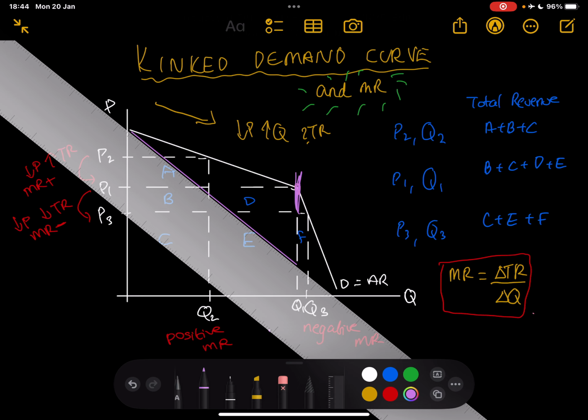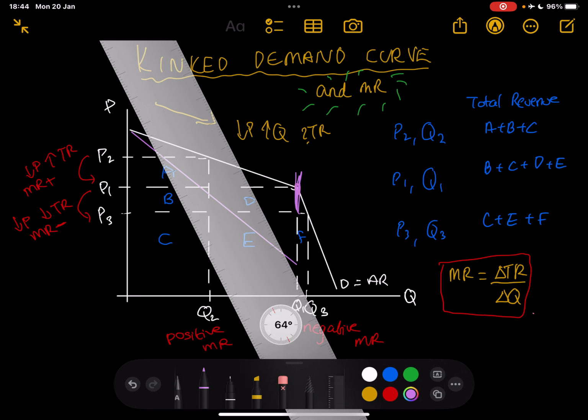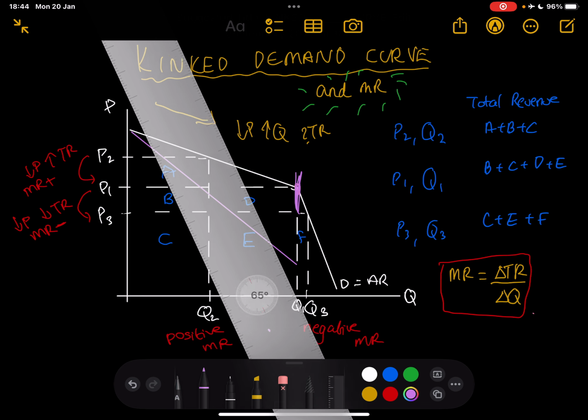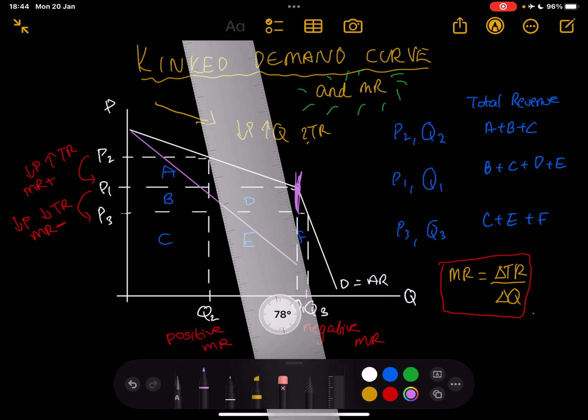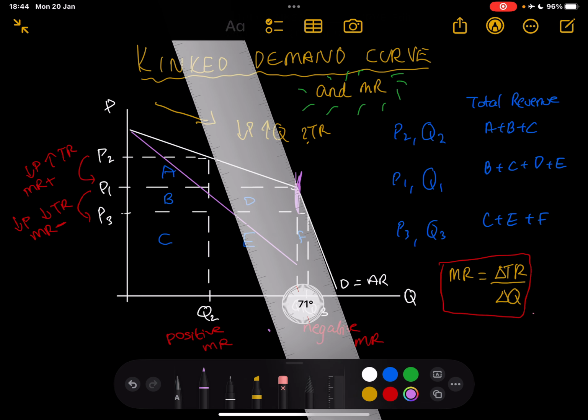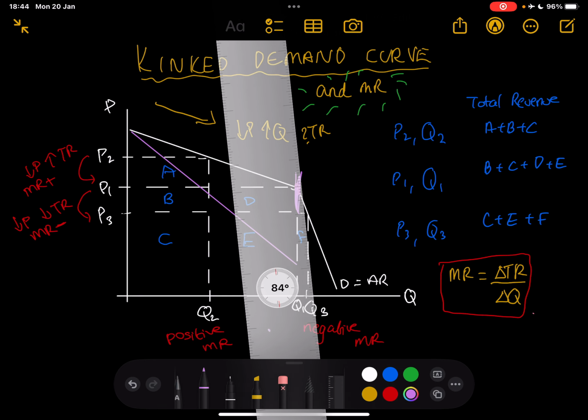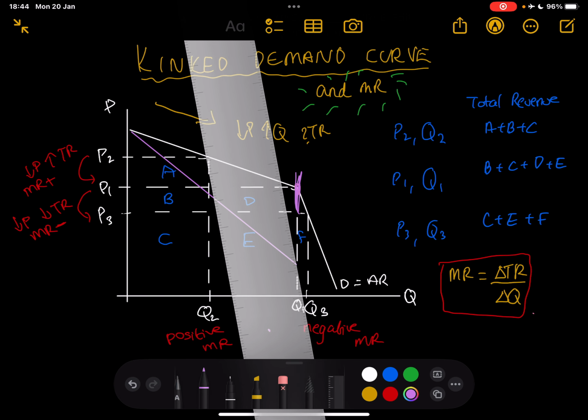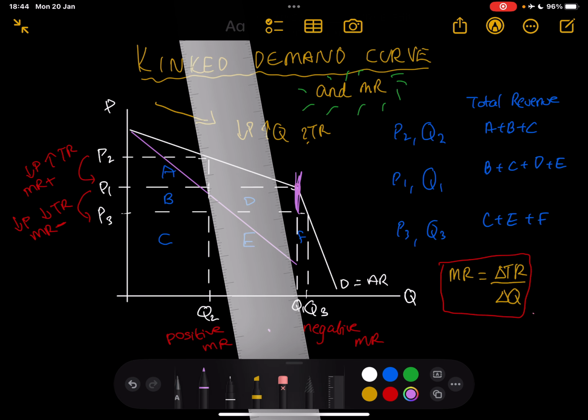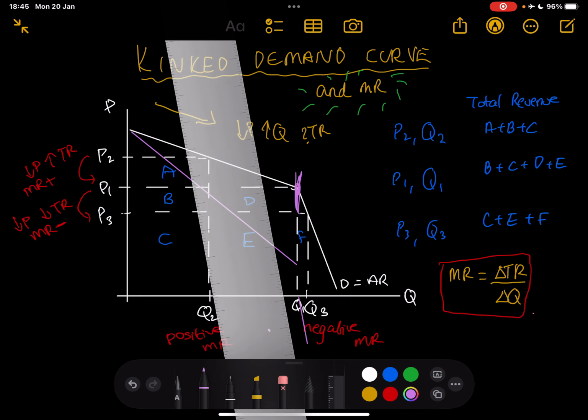So my MR is still positive, still twice as steep, and then beyond Q1, there's going to be a jump where the MR is now going to be twice as steep as this next demand curve, which has angle 70. Oops, and it will be negative, so it will be roughly like this.